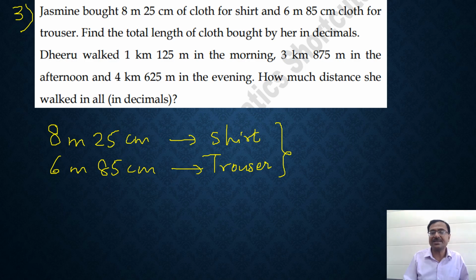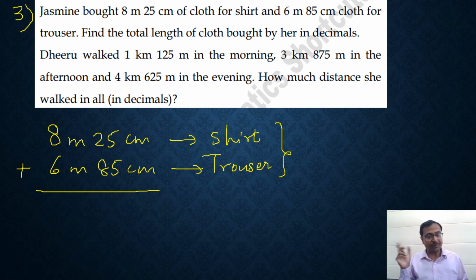Now in decimals, that's really important. When you add them, unit conversion is really important. Either you convert them into the same unit initially before adding, or you add them and then convert into decimals.